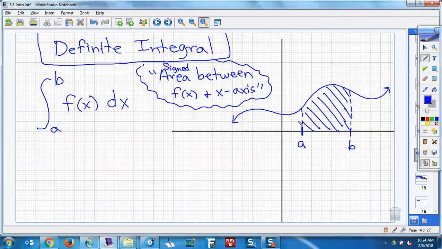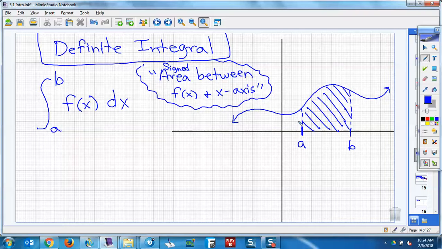I don't like saying underneath, because if f of x is below the x-axis, the area is actually above it. It's between the curve and the x-axis. The dx is just tacked onto the end. Don't worry about it right now. We'll talk more about it later. It just needs to be there, though.